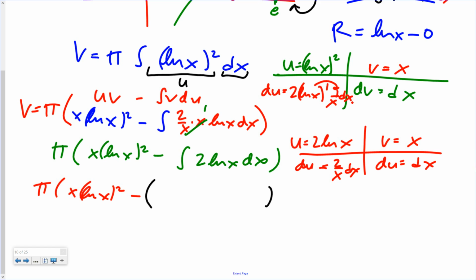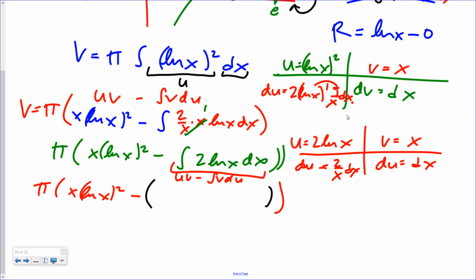I actually need another parentheses here and another parentheses here. So whatever this right here, whatever this uv minus the integral of v du is, it goes inside this bracket. It's a regular thing. It's a uv minus integral of v du inside a uv minus integral of v du.